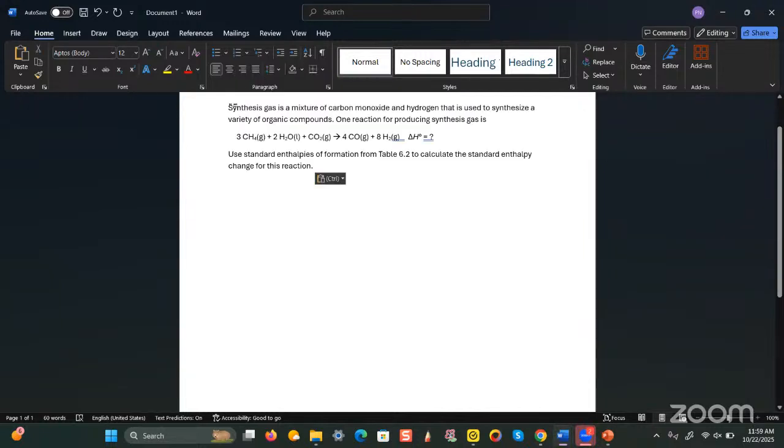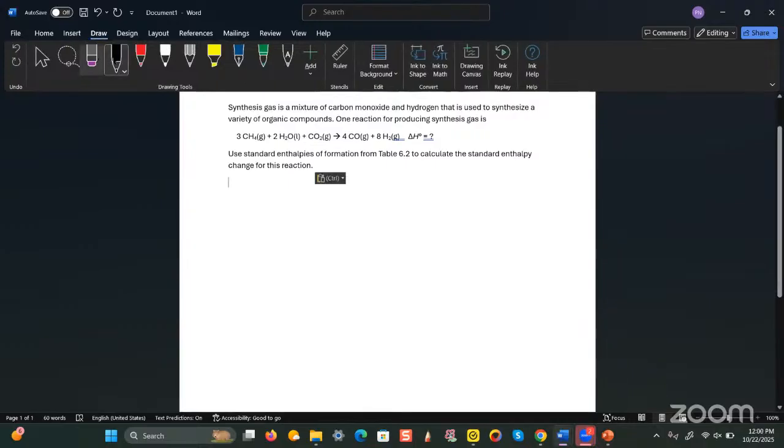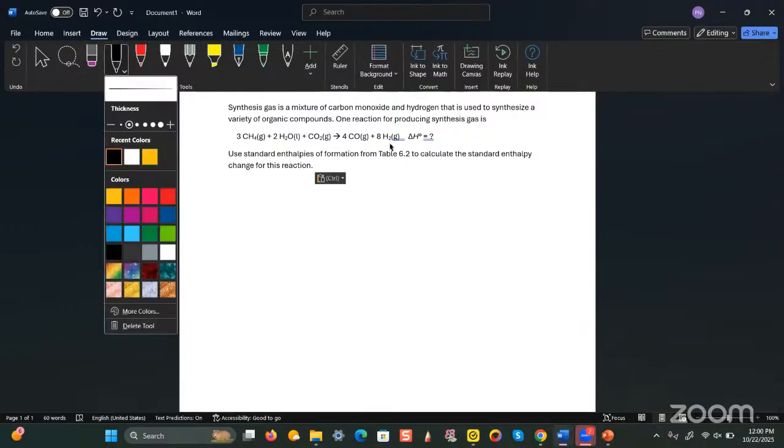All right, so this is the equation given, and the enthalpy change is what the question is asking for. So basically, what you're going to do in order to answer this question is find the sum of the enthalpy of the products and subtract from that the sum of the enthalpy of the reactants, and you have to take into account the coefficients for the different substances.